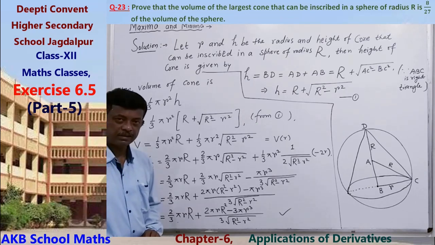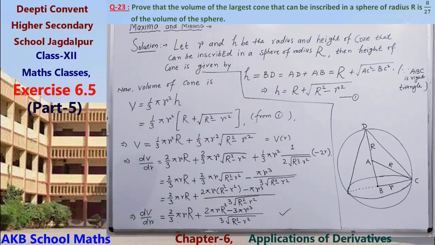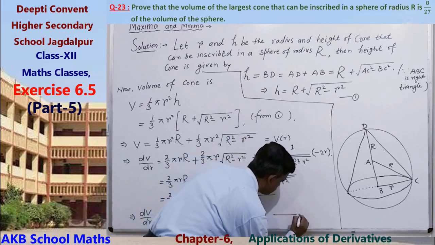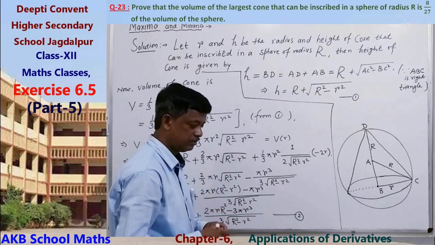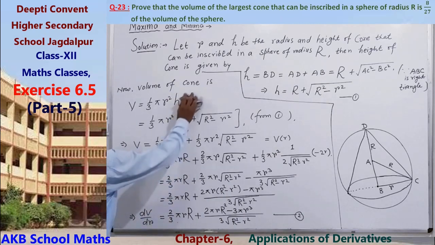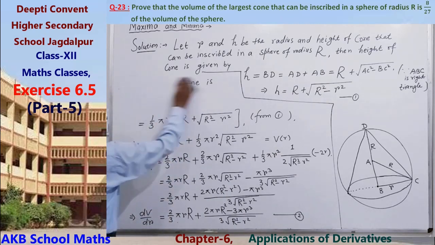Again we require the second derivative, so once again we have to differentiate it. This is the first derivative, equation 2. Now for the second derivative, again differentiate it.